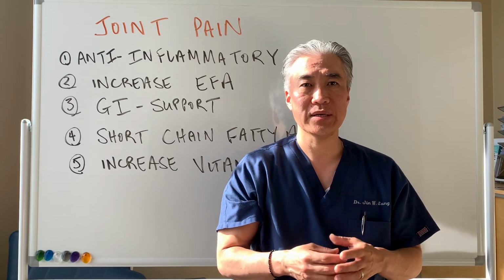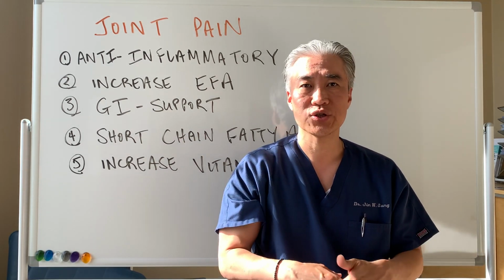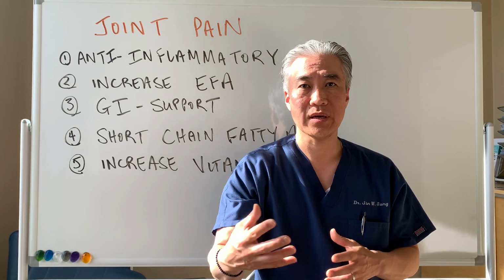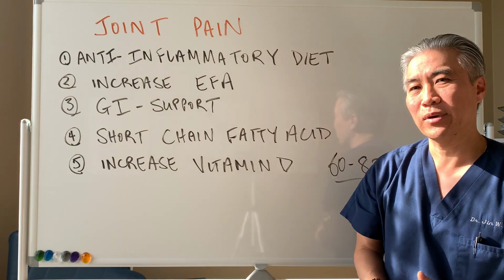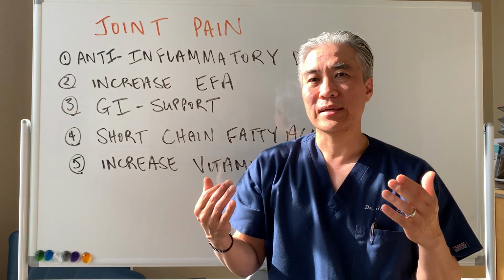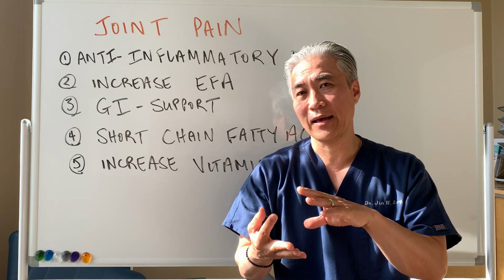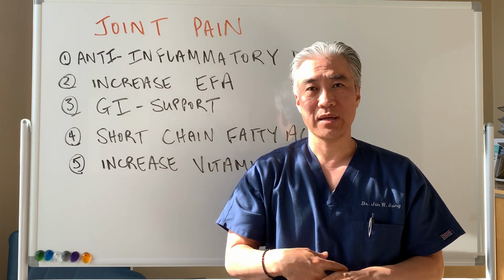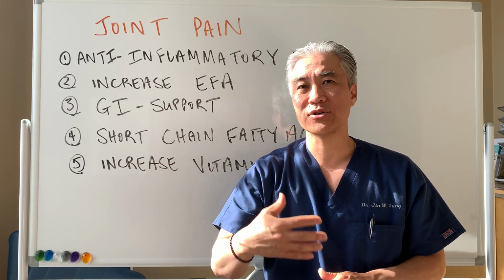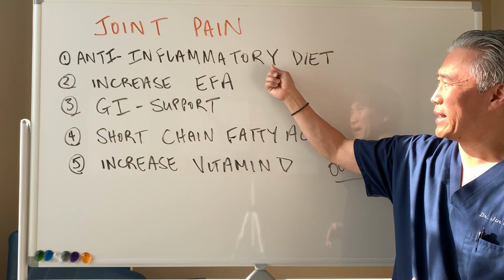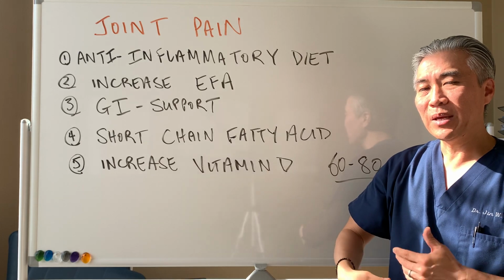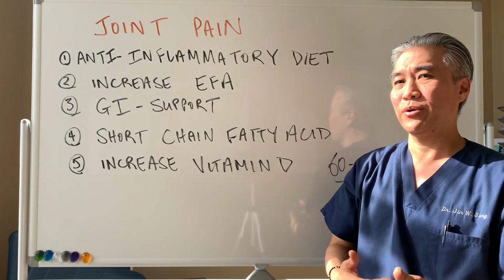Some people might be just certain types of shellfish. Some people, it could be a whole group like gluten. So when we say anti-inflammatory diet, we're looking at being gluten-free, dairy-free, and maybe lectin-free. And some patients have issues with nightshades. So what we like to do is do an anti-inflammatory diet.